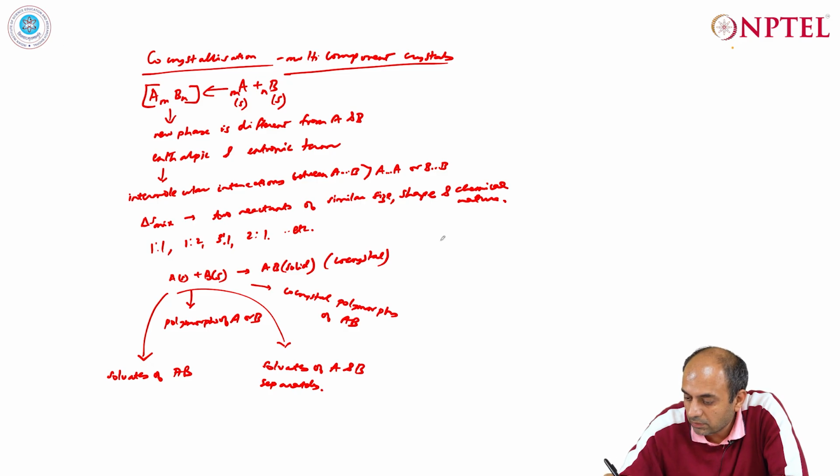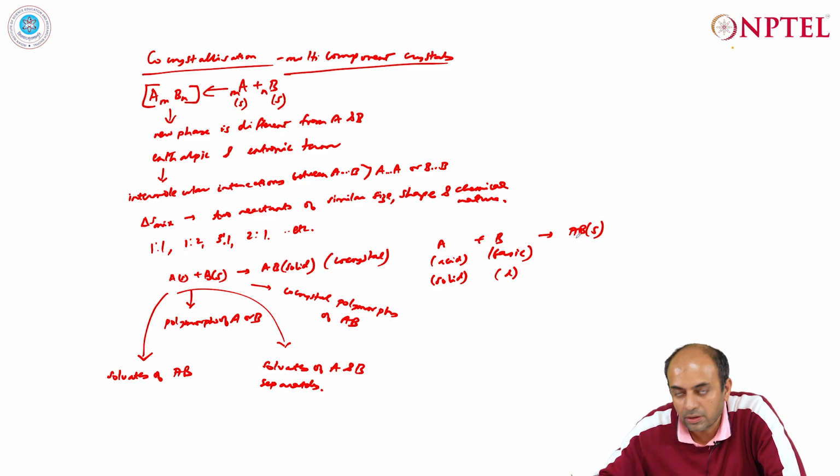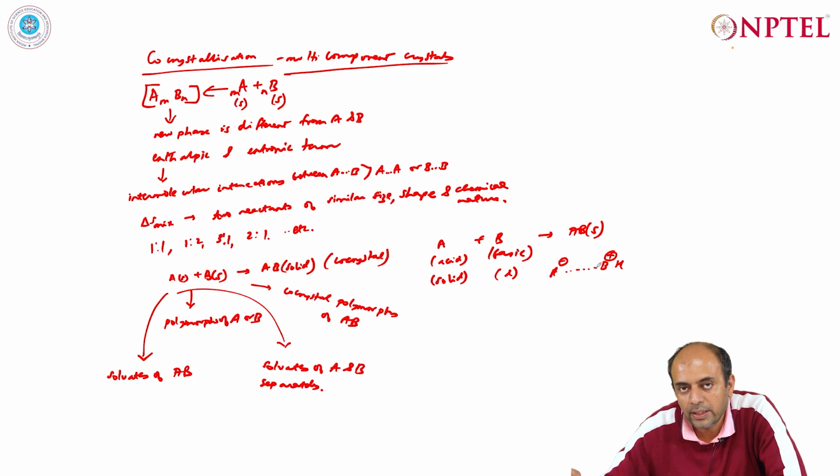At the same time, if A is an acid component and B is a basic component, say for example A is a solid and B is a liquid, then it can form a new phase, AB phase, in a certain stoichiometric ratio, where the acid has released the proton, becomes A minus, and the base has accepted the proton and becomes the conjugate acid of the base, and then there are strong electrostatic interactions which form the salt.